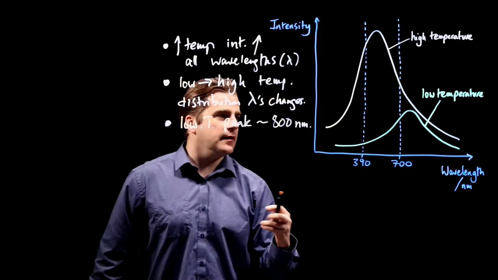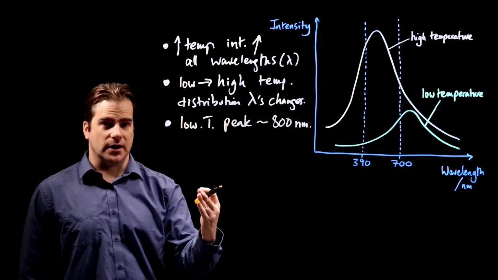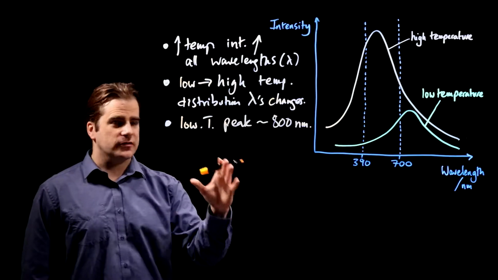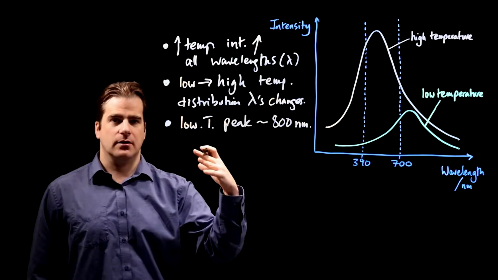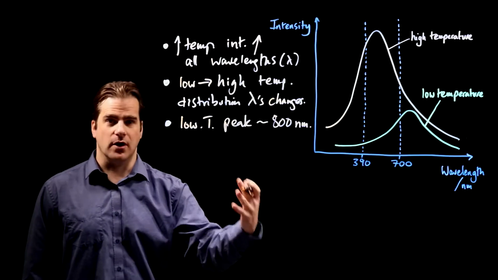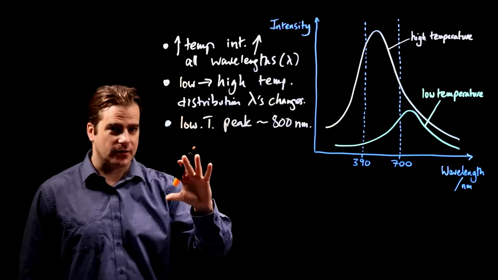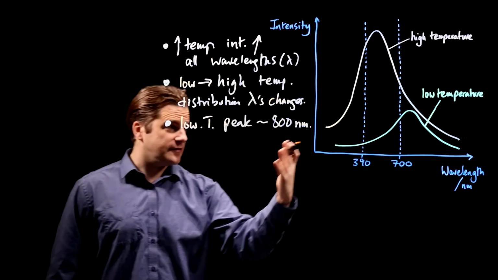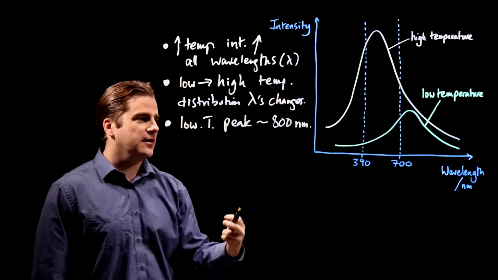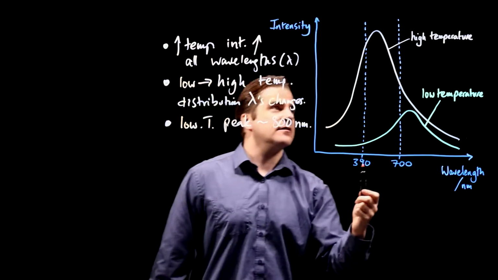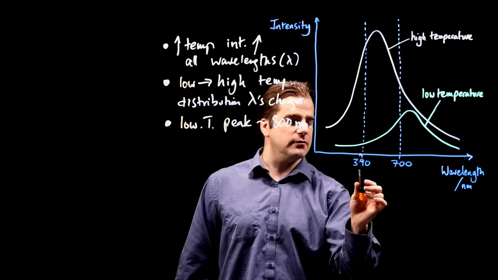Right. Now you can show off a bit of your knowledge. In these questions, let the examiner know what you know. Show off slightly. This is an opportunity to let the examiner know that you know the human visible range.